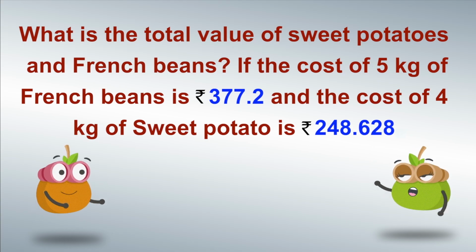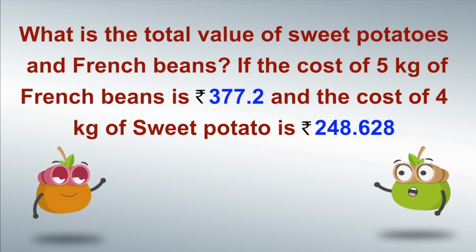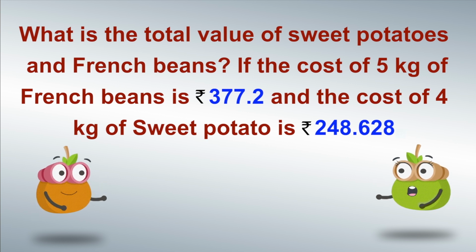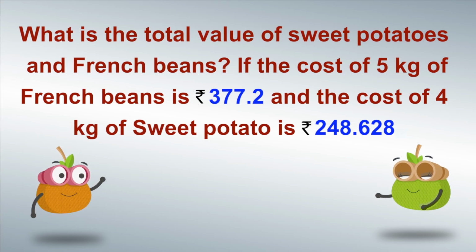What is the total value of sweet potatoes and French beans? If the cost of 5 kg of French beans is Rs 377.2 and the cost of 4 kg of sweet potato is Rs 248.628.